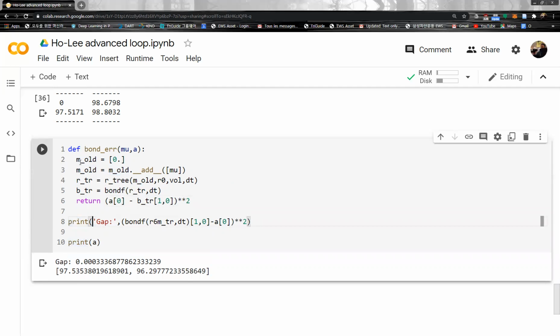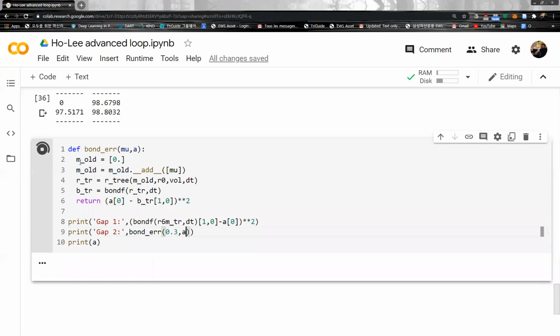So this is, let's say, gap 1. Let's print gap 2, which should now be bond error, bond error, and then the first one is 0.3 because our new one was 0.3, and then we have A, and then let's see.